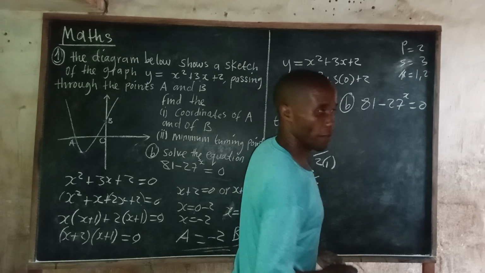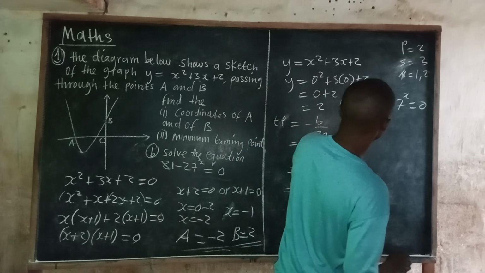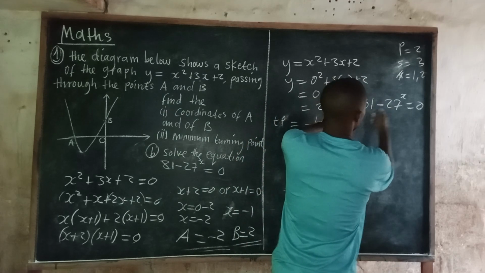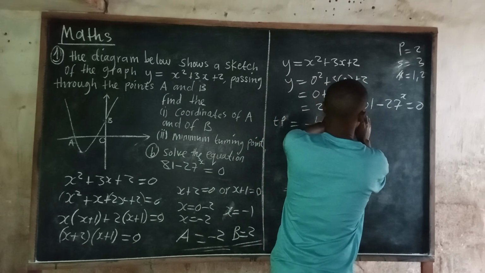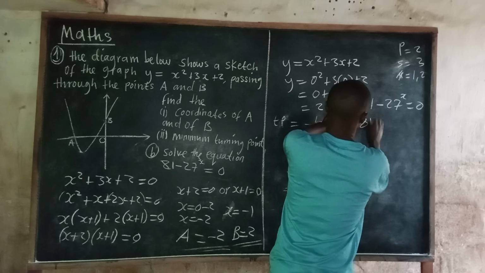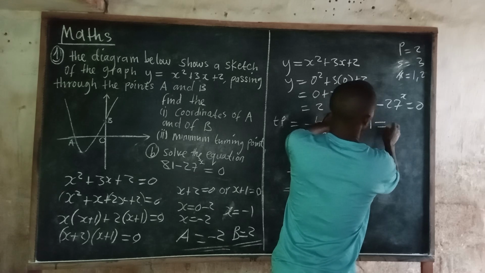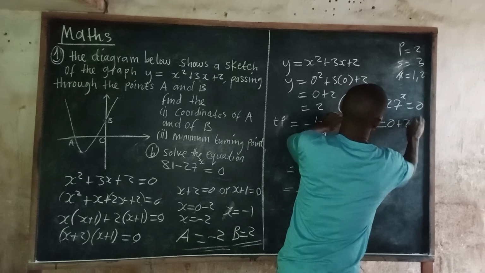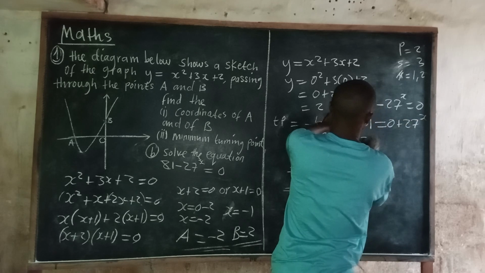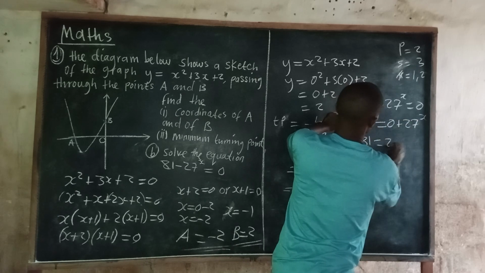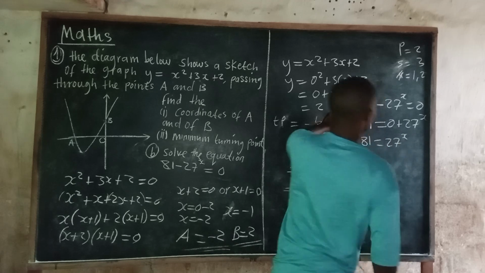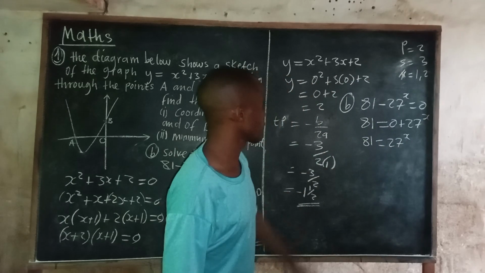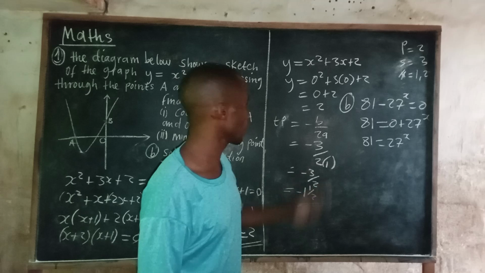The first thing that we are going to do here is correct the terms here, so we separate them. So 81 is equal to, we have 0 here, then this will come this side, then plus 27 power x. So 81 equals 27 power x. So now what do we do for us to remain with the x, since we are solving for x?